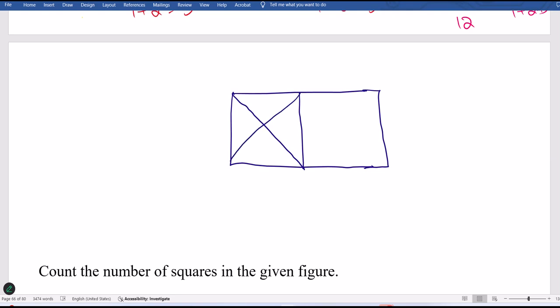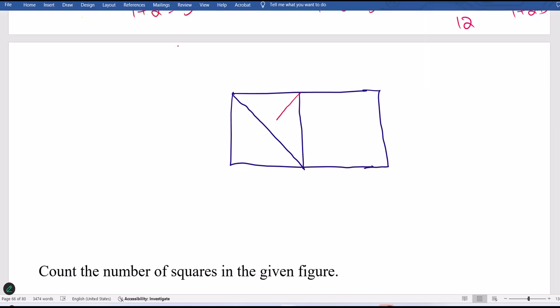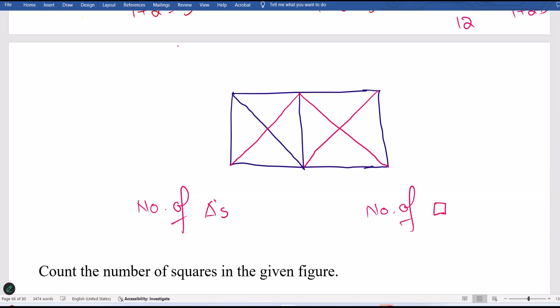Now, can anyone say the number of triangles and number of squares here? For this diagram, how many triangles, how many squares? I want triangles and squares as well.